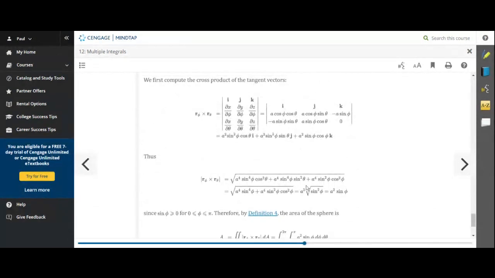Of course, you compute the magnitude of a vector the way you would any vector. The cross product of two vectors is a vector. You just square each of the components and add them, and then of course take the square root of all of that. And with a little bit of factoring here, they're factoring out, let me see, look at what they're doing here.